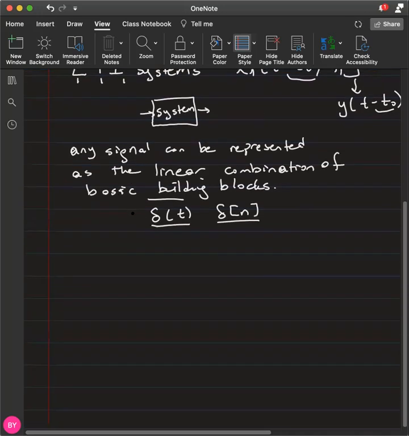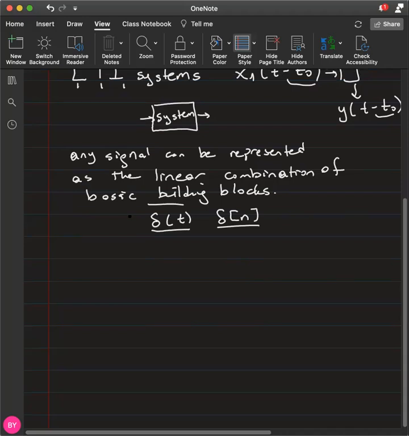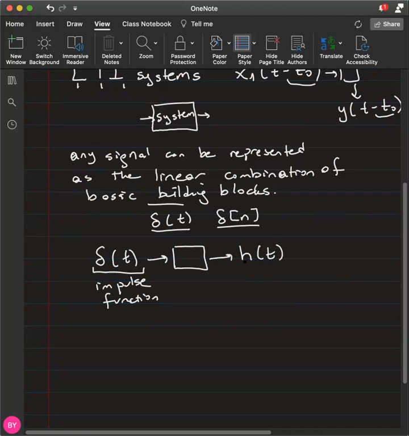What I would like to remind you of is that if I have the impulse function, the unit impulse function, as an input to my system, I should get the impulse response. This h of t is my impulse response.